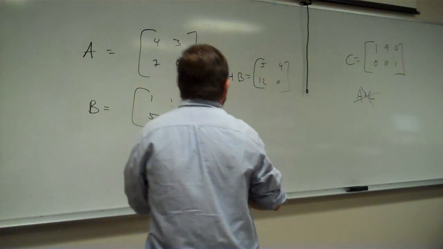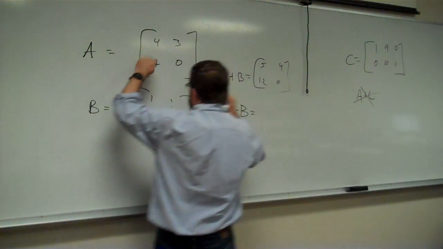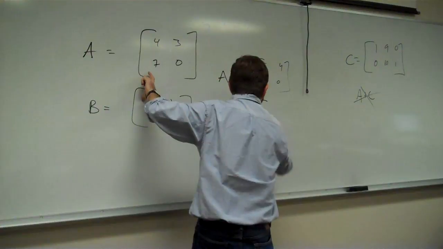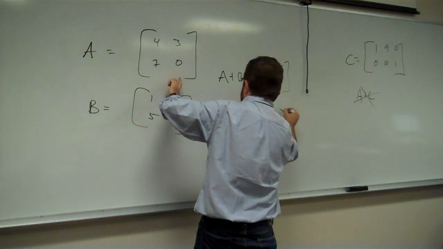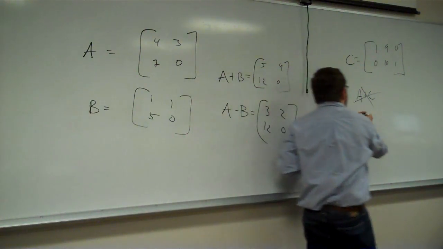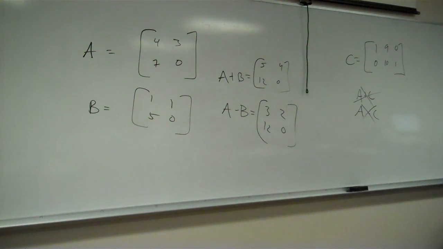How about subtraction? Can you take A minus B? Yes, sure. As long as these two matrices are the same size, you can just go element by element, this one minus this one, this one minus this one, and so on. Then you do it over here, A minus C. Big no, they're not the same shape. They're not the same size, to use a term that your book actually highlighted in bold.